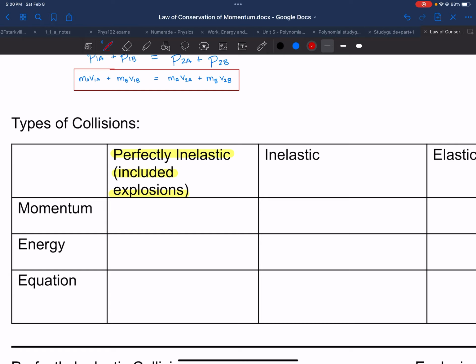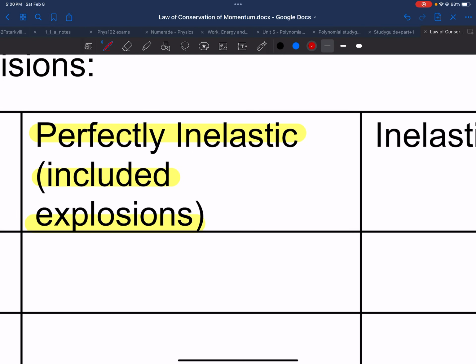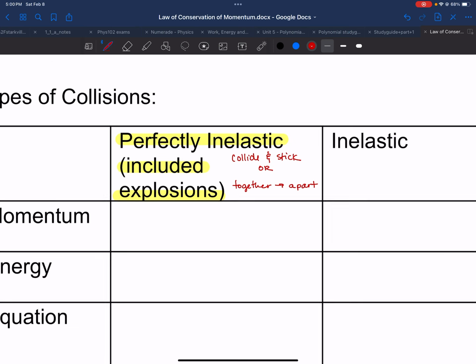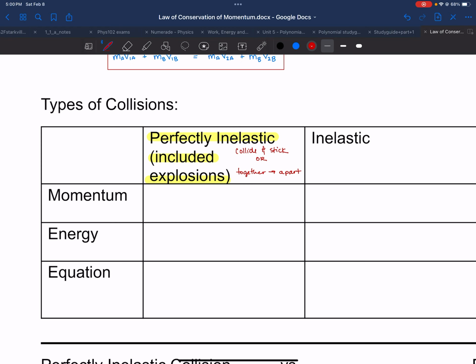And in perfectly inelastic, we'll give a further description, but they're going to collide and stick, or they're going to be together and then blow apart. There's no combustion involved in these explosions. So don't get your hopes up. We're not going to blow anything up this chapter.